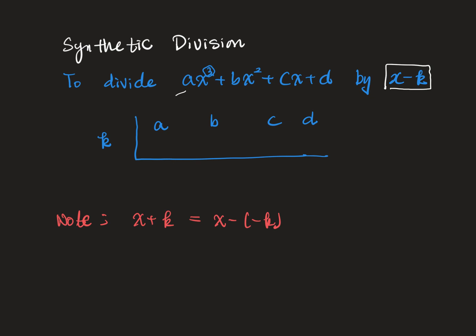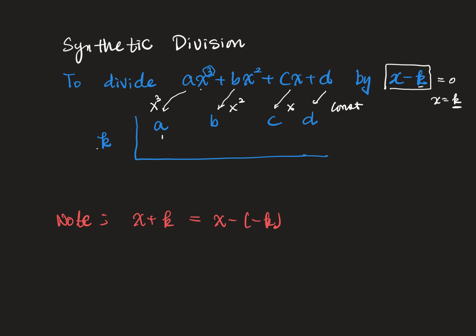You write all the coefficients right there. Make sure, guys, here is x cubed, x squared, x, and the constant. You drop all the variables, only the coefficients. Then for x minus k, we take k. The best way is to set x minus k equal to 0, so x equals k, and we write the k here.